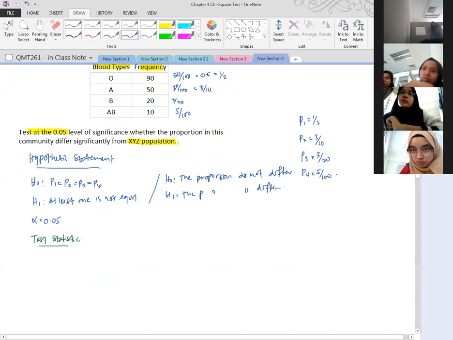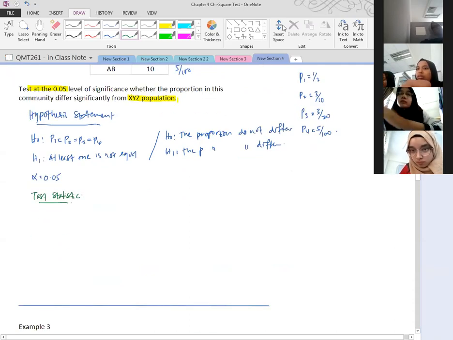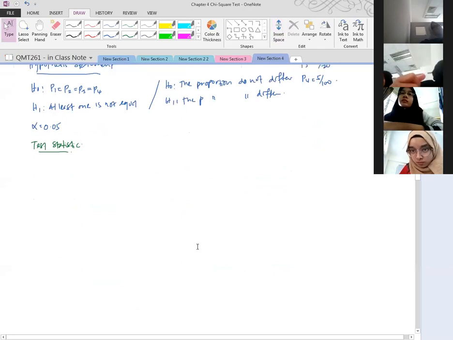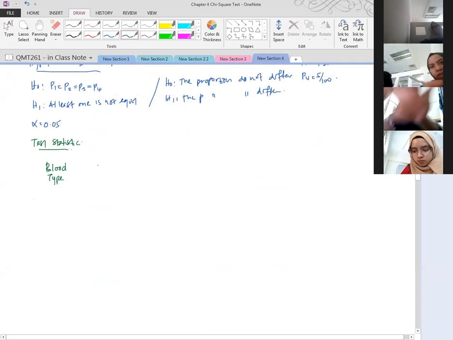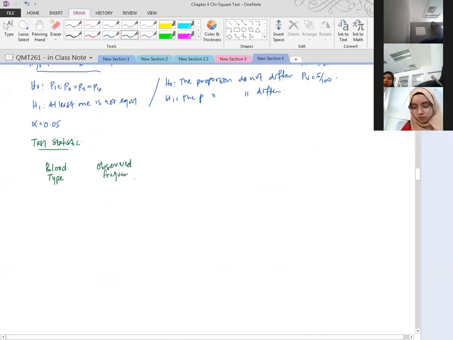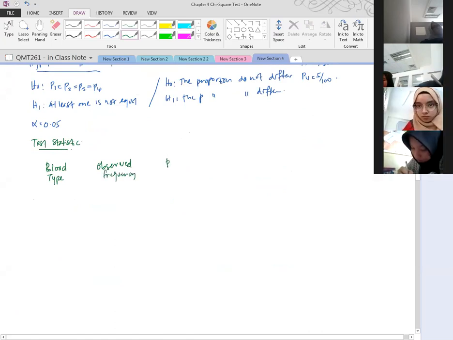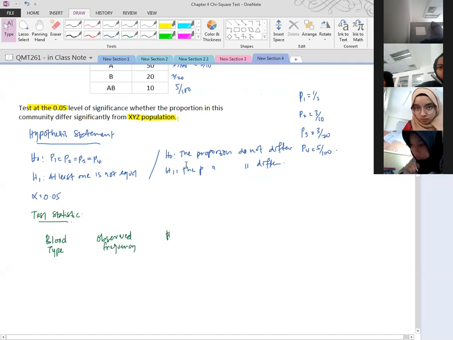For our test statistic, we need to find the expected frequency and the observed frequency. So this is going to be the blood type, this is the observed frequency, and this is going to be our P, because our P now is not the same for every blood type, right?